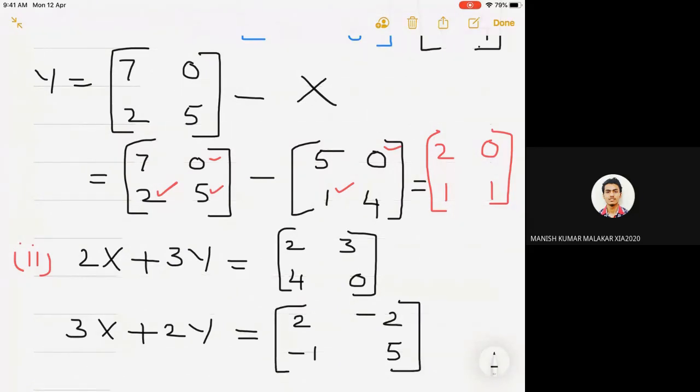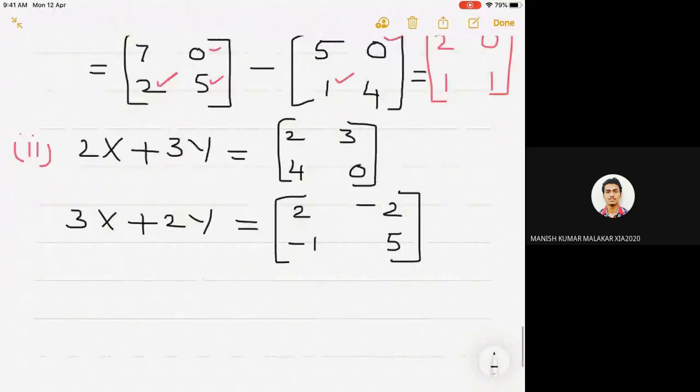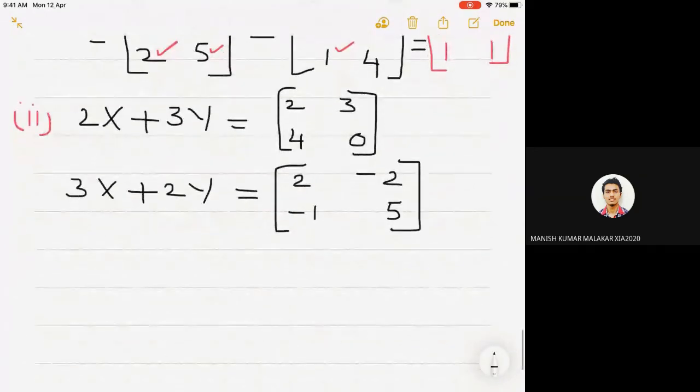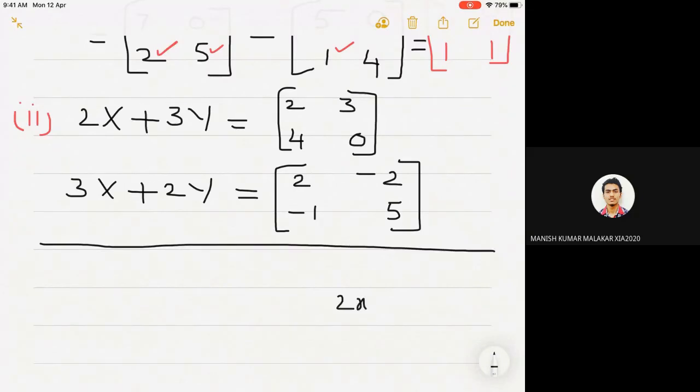Find the value of x and y. Given 2x plus 3y equal to 5 and 3x plus 2y equal to 8. How would you have done this?